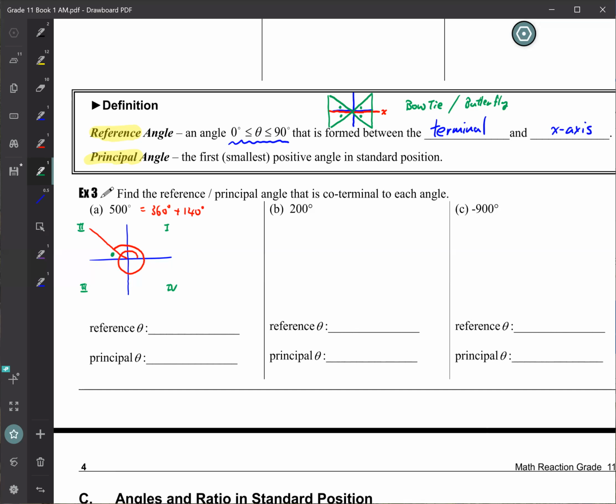So how big is the reference angle now? Okay, you guys can write it down. Okay, when you have an answer, please raise your hand. So look at the picture. How big is the green dot?